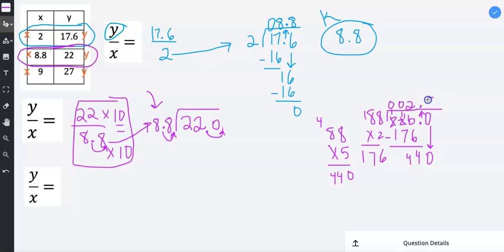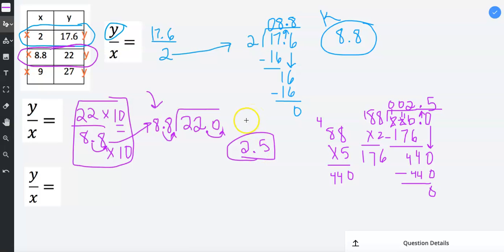So that worked out perfectly. So 5 times 88 is 440, and we get a remainder of 0 there. So since we have a remainder of 0, we're finished with this problem. So now we found the unit rate to be 2.5 from that point.